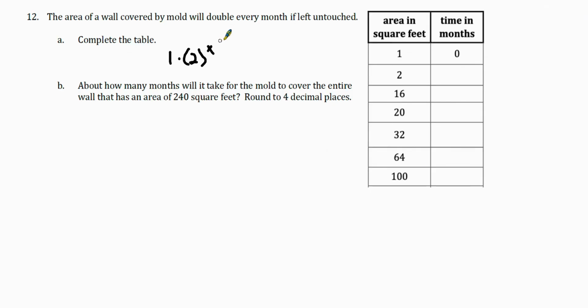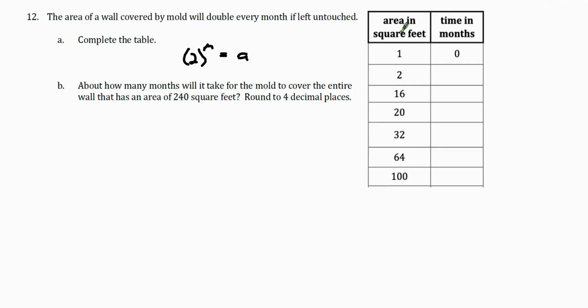Or let's use the m power for months equals the area. All right, well, dividing by 1, I could simplify this function and just make this 2 to the m power equals a.